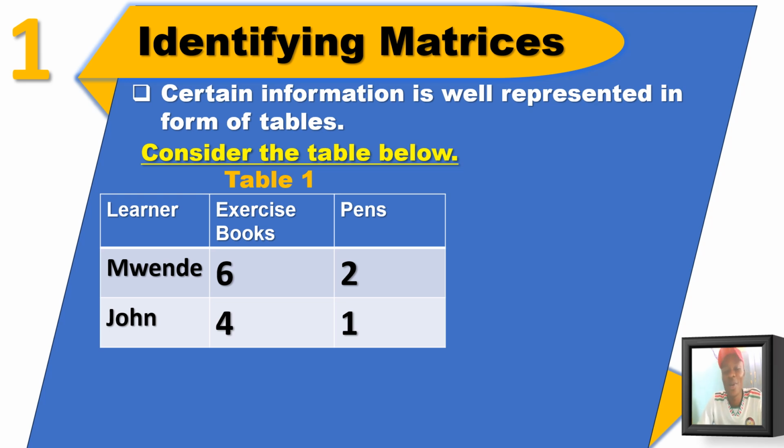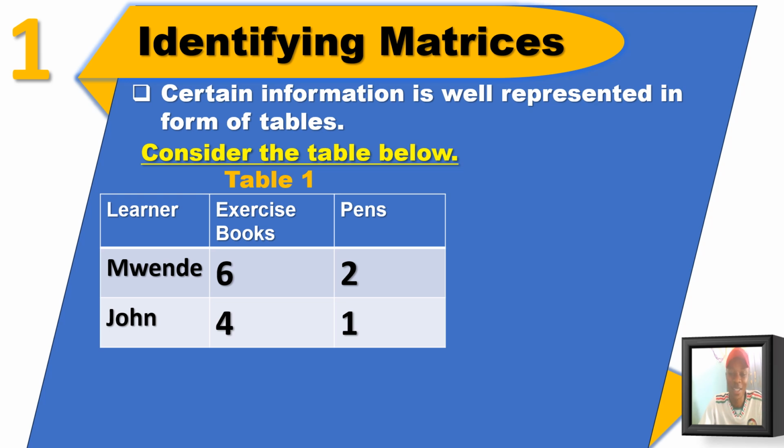So is this the only way we can represent information? Although it's a better way, you can just look at it and easily understand what it is communicating. Now, if you represent information in a table format, and you have understood what the information means, there is another way you can represent it, and that way is a matrix.